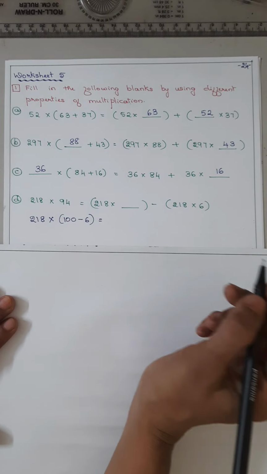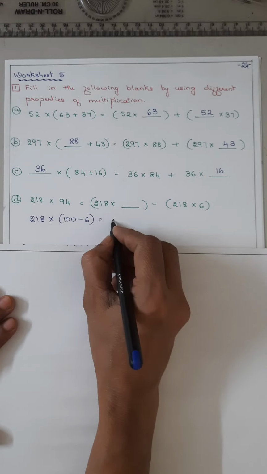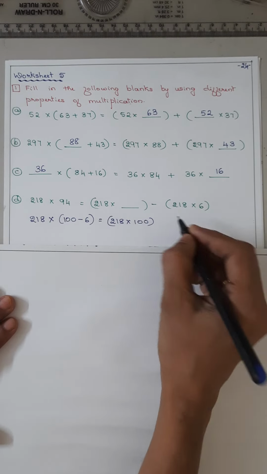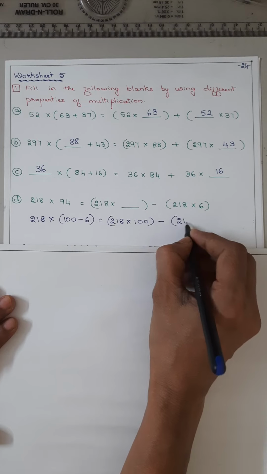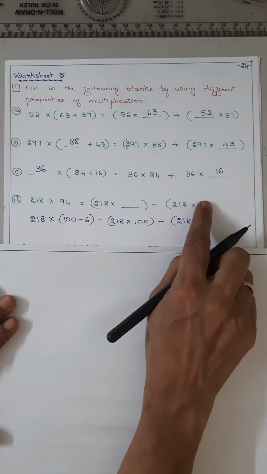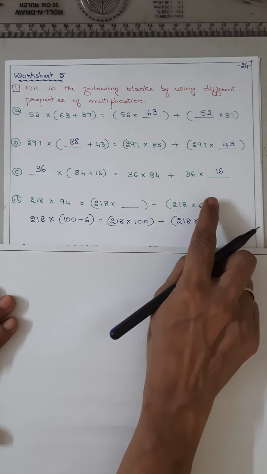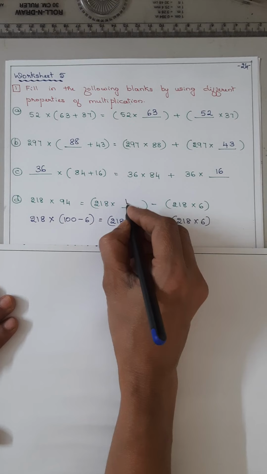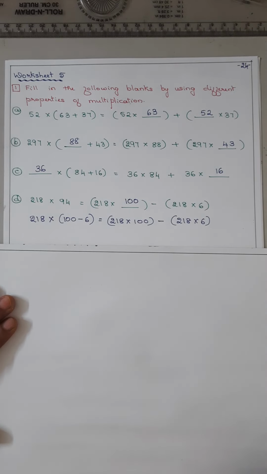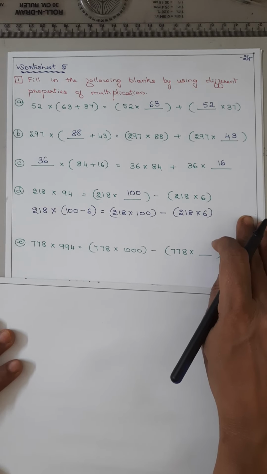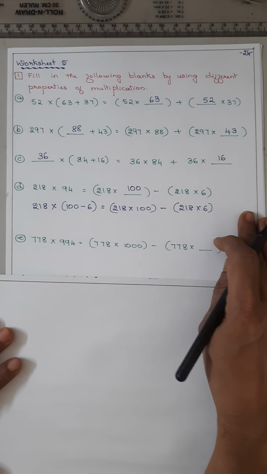So that means 218 into 100 minus 218 into 6. तो इधर 218 into क्या आएगा? 100. ठीक है?